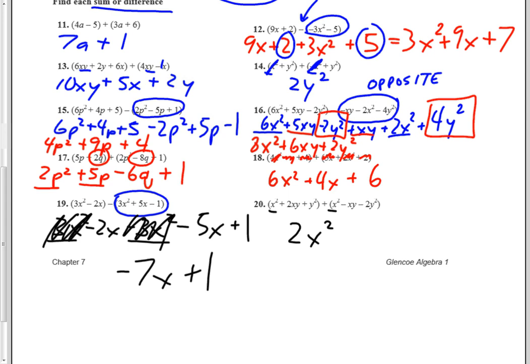It's just 2 apples, right? Do I have anything to combine with 2xy? Do I need the 1? No, but I can keep it there. It's not wrong. Y squared minus 2y squared. 1y squared minus 1y squared. I can put a 1 in there if I want.